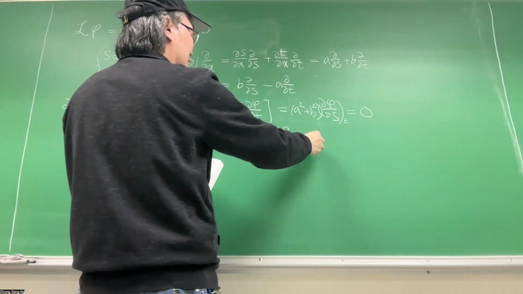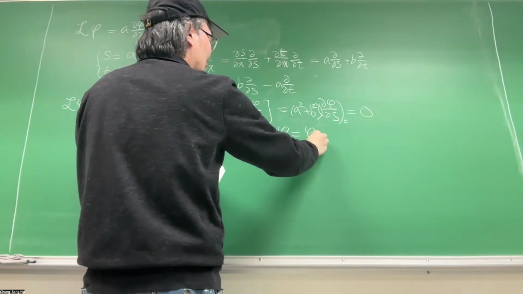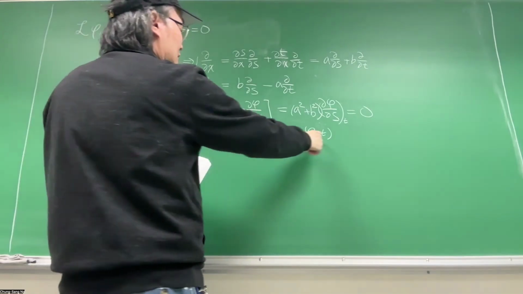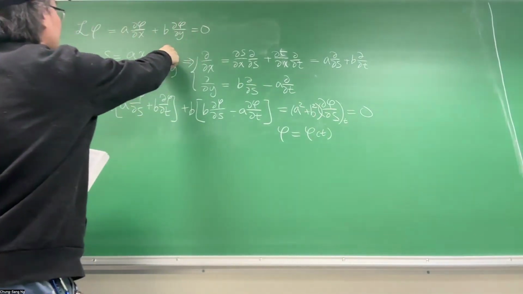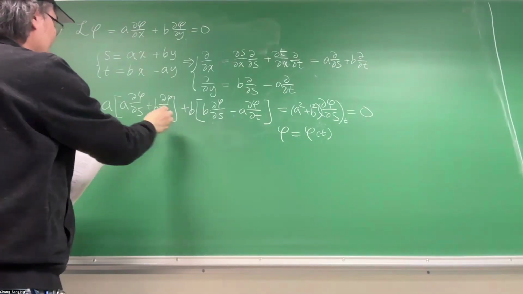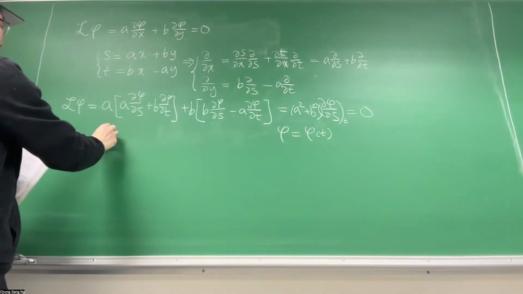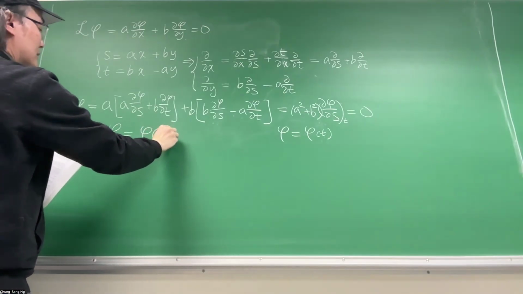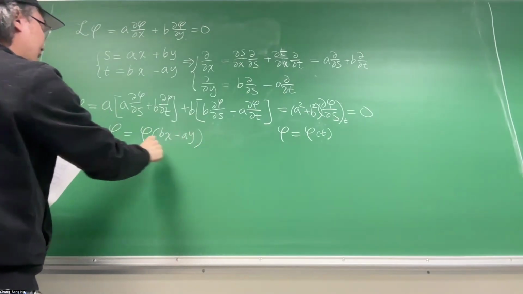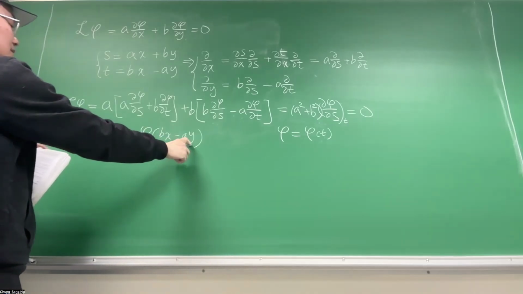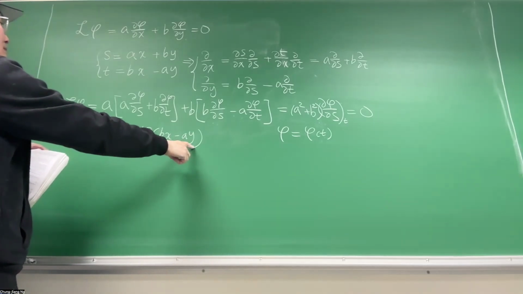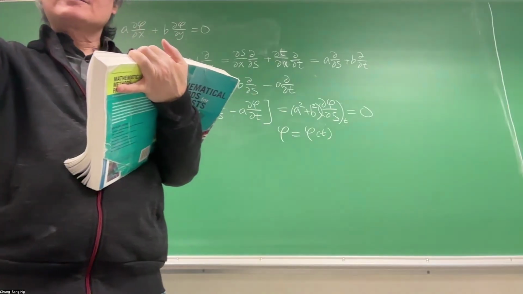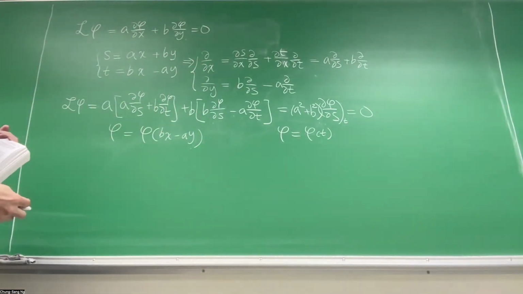Any function that depends on t, whatever we call it, phi, maybe just write phi as a function of t. So if phi is a function of t only, then it will satisfy this differential equation. Explicitly substituted back, the solution is phi equal to phi of x minus a y. Any function that depends on this combination of variables would be a solution of this differential equation. Is that okay? So that is kind of straightforward, right?